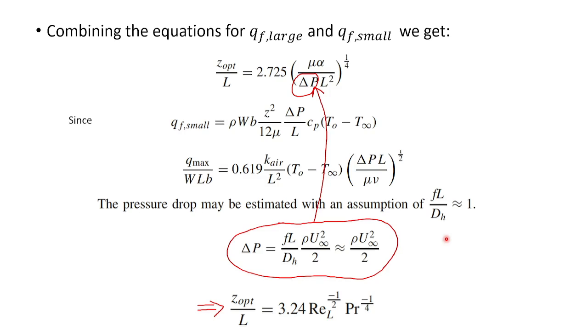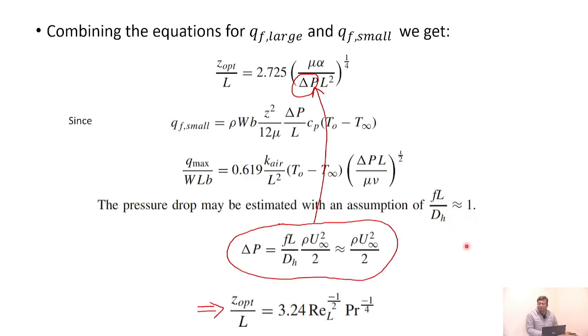So just for simplicity, we are calling f L by D_H approximately equal to 1, right? And once you do that, then you get rho U infinity squared by 2, and we already have something on U infinity, so that's how we can calculate delta P.